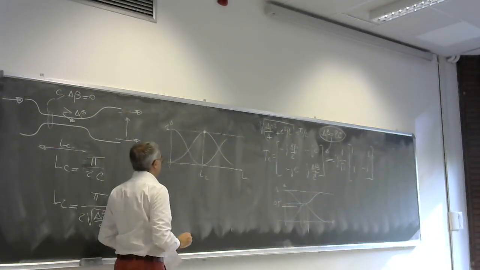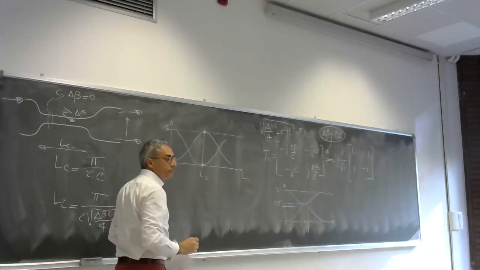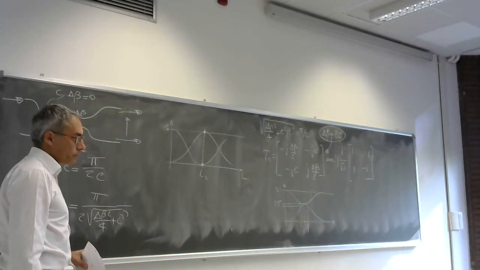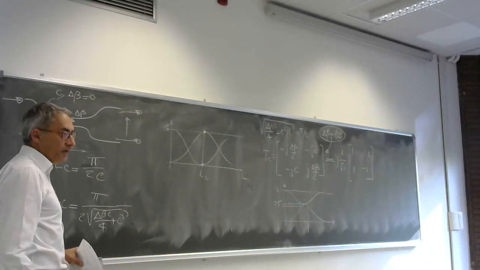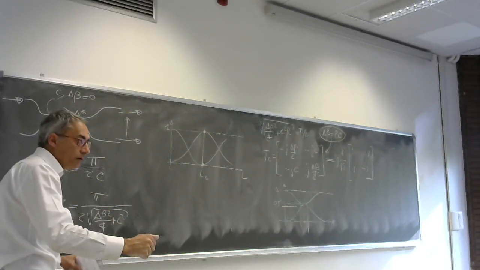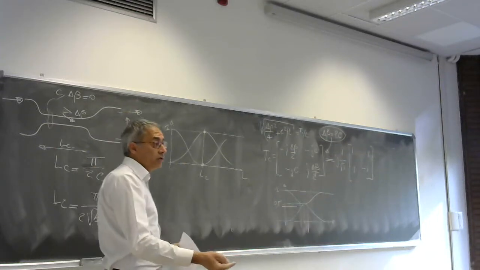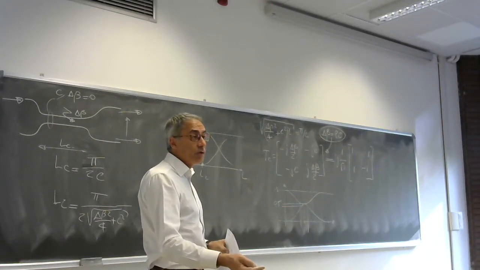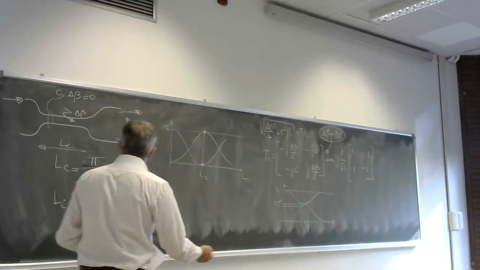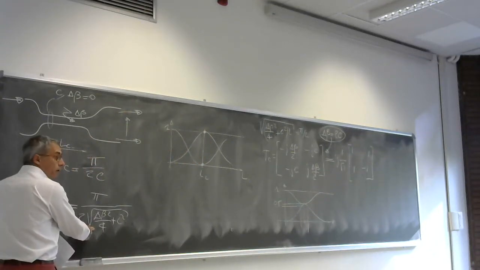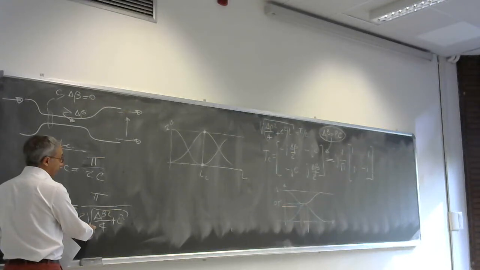So we are here. If you perturb one of the waveguides, you add the delta beta, you don't change the coupling coefficient, C is always the same, it means that you are decreasing the coupling length.